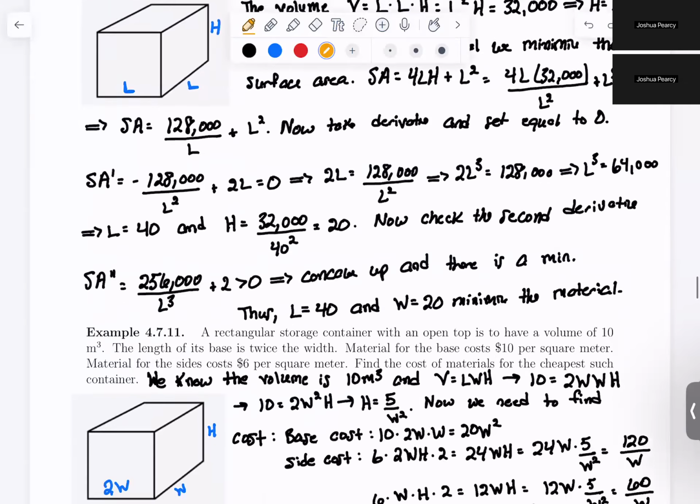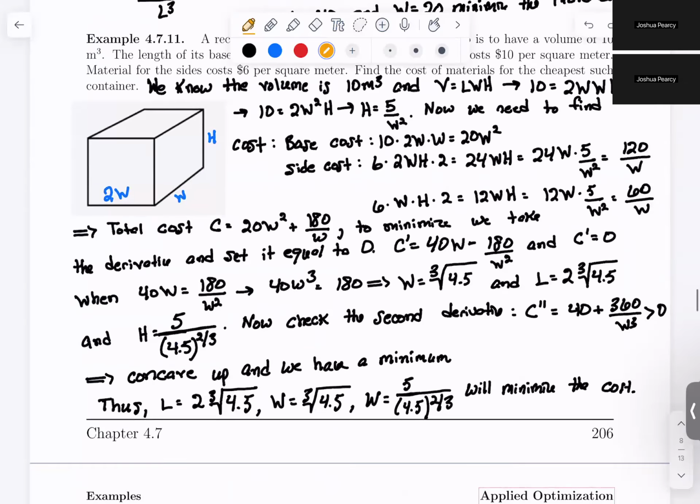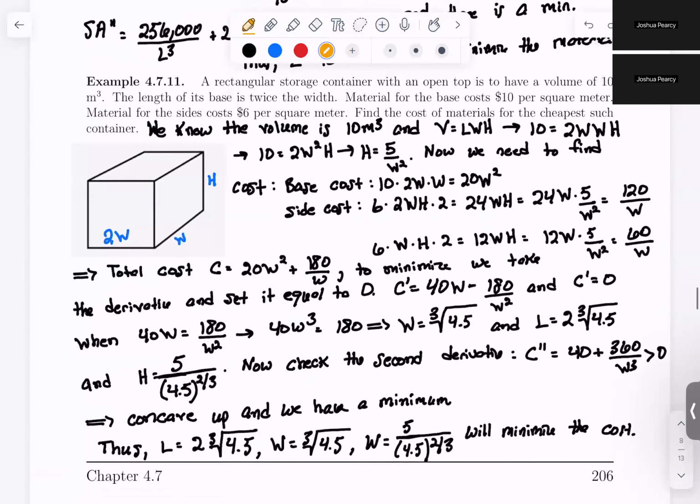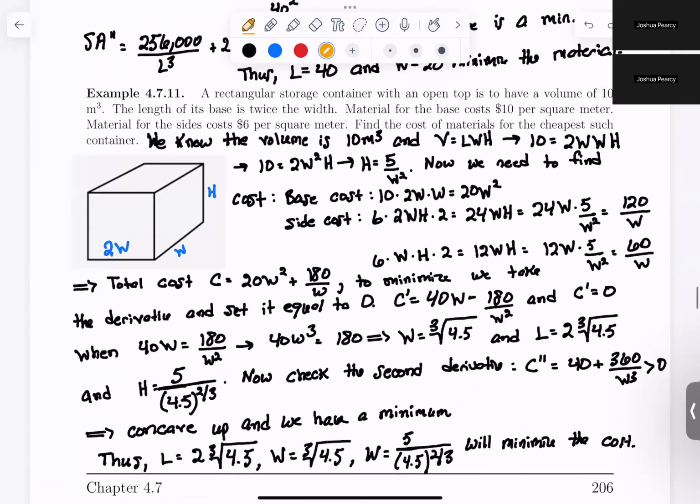The last example I'm going to go over is example 4.7.11. This one's pretty similar to the last one. It says a rectangular storage container with an open top is to have a volume of 10 cubic meters. The length of its base is twice its width.